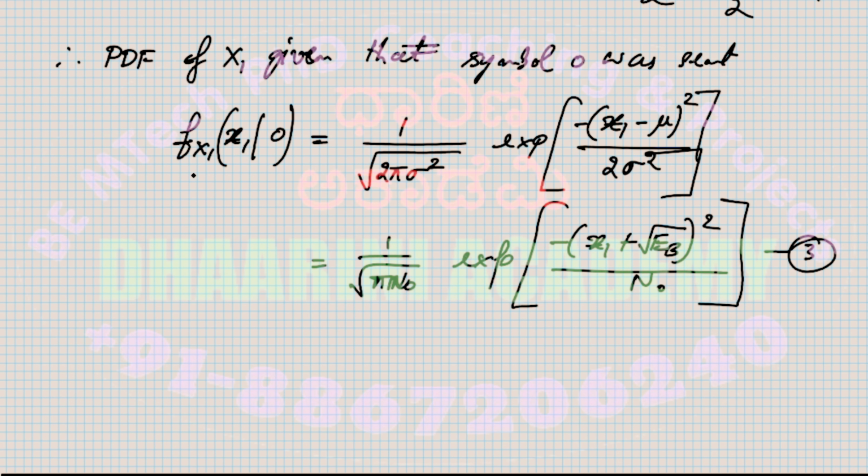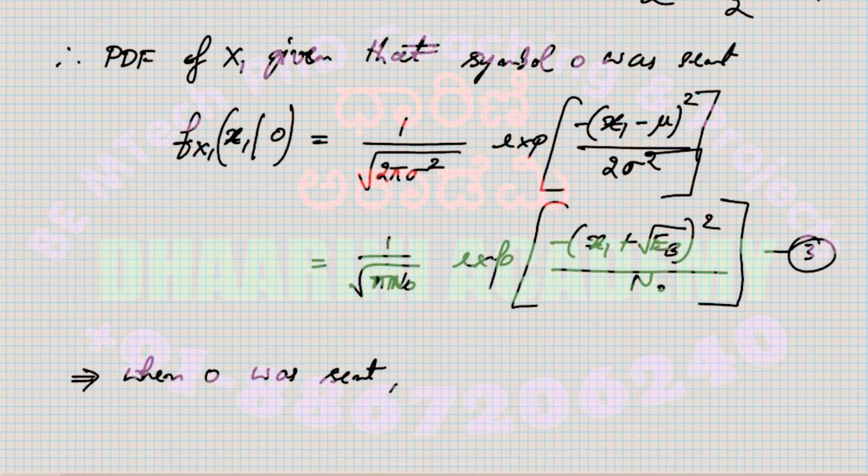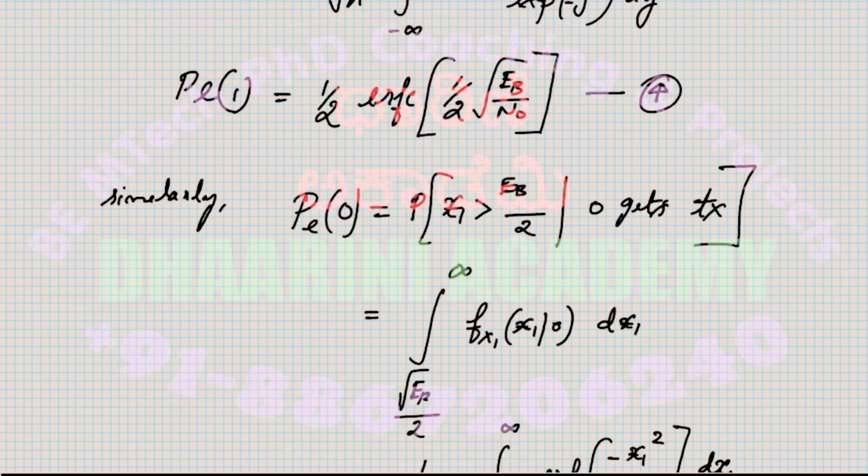We call this equation number 3. Once you have f x1 of x1 given that 0 was sent, directly you can calculate the probability of error for 0. I'm trying to calculate the probability of error, right? So when 0 was sent, what is the condition for obtaining the symbol in error?